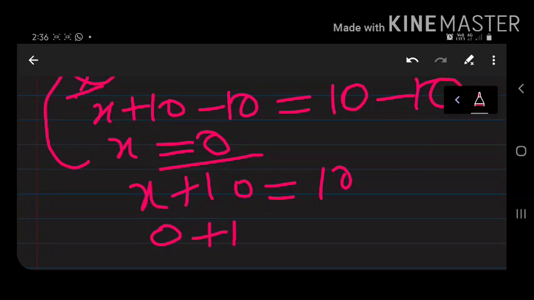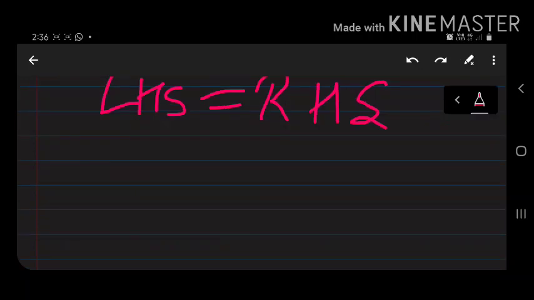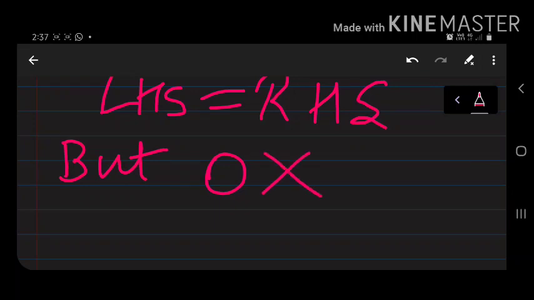We are putting the value of x as 0 and we see LHS is equal to RHS. So no doubt that 0 satisfies the equation, but 0 is not a natural number. So the natural number system fails here in solving this particular equation.